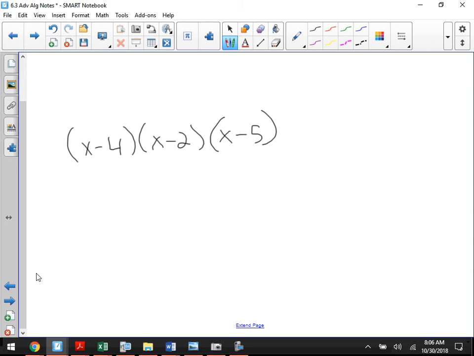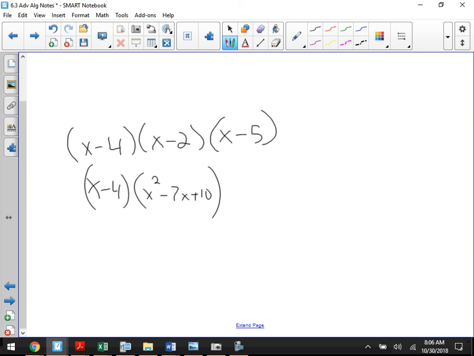In math, the order in which you add, the order in which you multiply doesn't matter. So it also does the same thing when you're multiplying out polynomials. You don't have to do them in order. You can put them together however you want. Personally, what I would do is I would always leave the first term, and I FOIL out the second, and I get x squared minus 7x plus 10, and then I would distribute that.